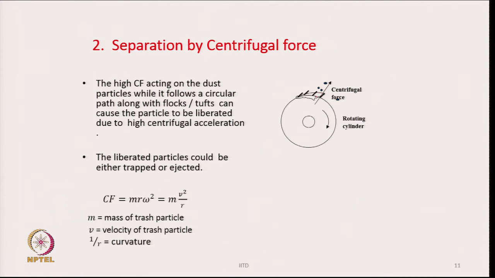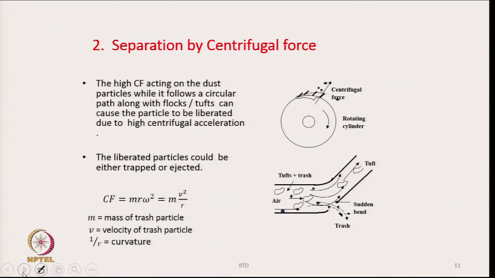So, here the trash particles will be liberated, which we have discussed earlier, whereas the tufts will be retained mostly by the striking elements. The liberated particles could now be either trapped or they can be ejected, they will be allowed to move out. So, this principle is also used in some of the machines.